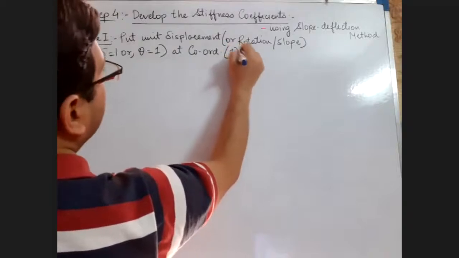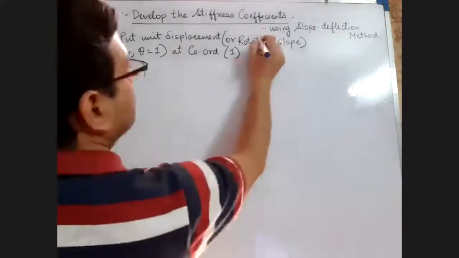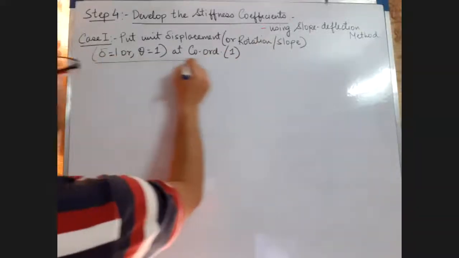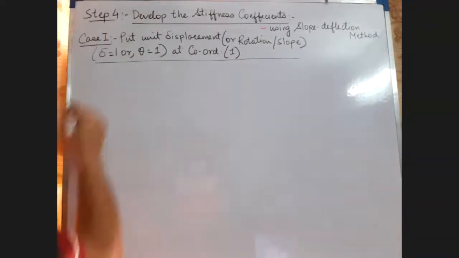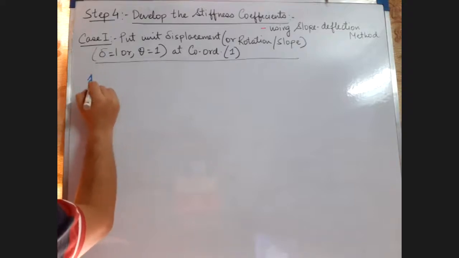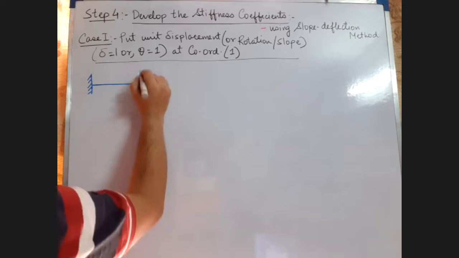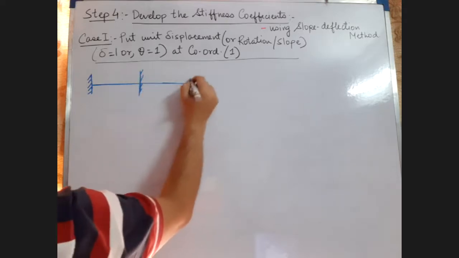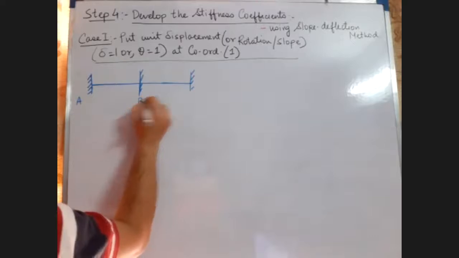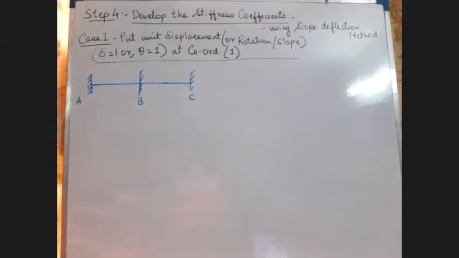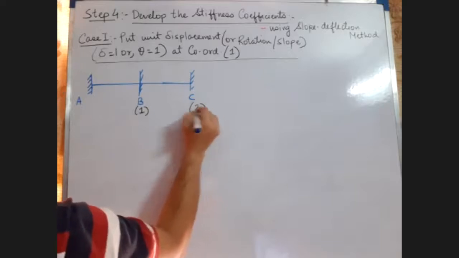So at coordinate 1, we will put the unit rotation. See, first I will draw the diagram. This is point A, B, and C. So B is coordinate 1, C is coordinate 2.